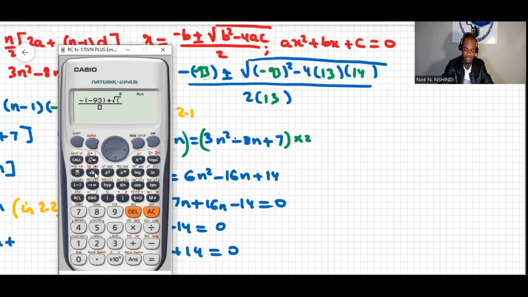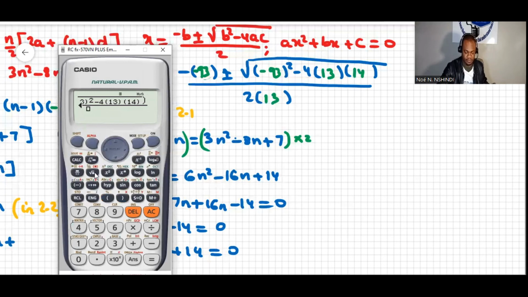Open bracket, -93 to the power of 2, minus 4, open bracket, a is 13, close bracket, and then c is 14, close bracket.